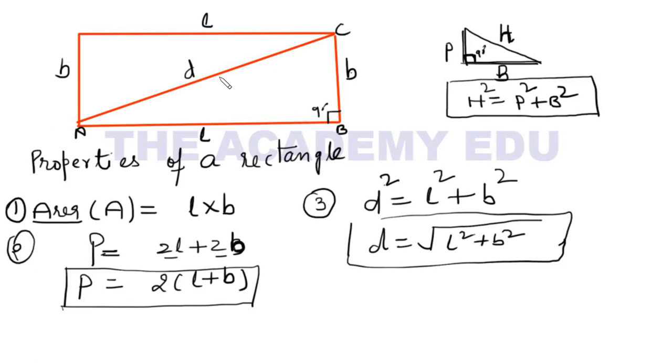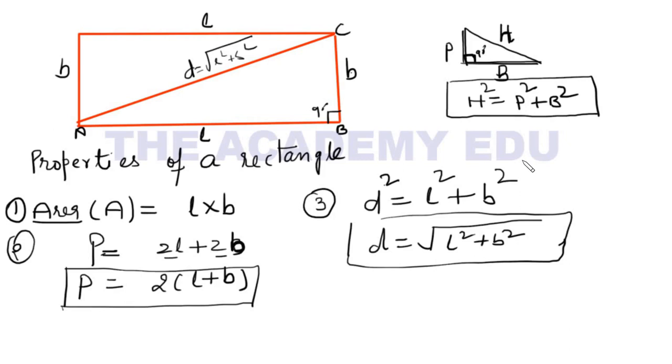So anyone can say by just seeing, diagonal is root over L square plus B square. You don't need to memorize. See what is happening, how I am finding the things. See these things very carefully.